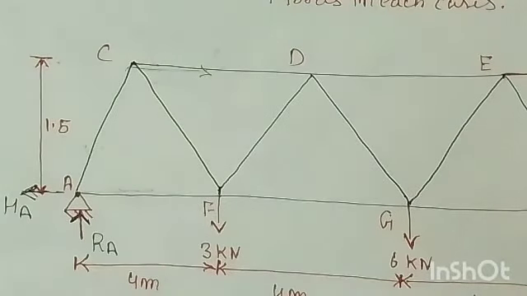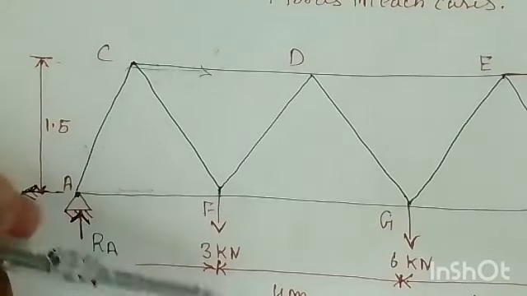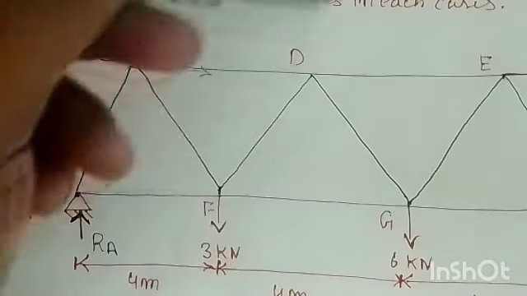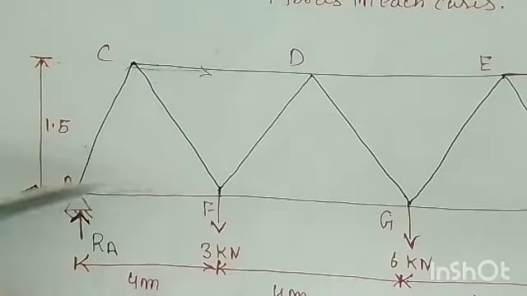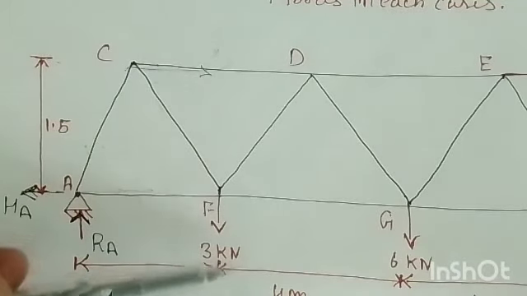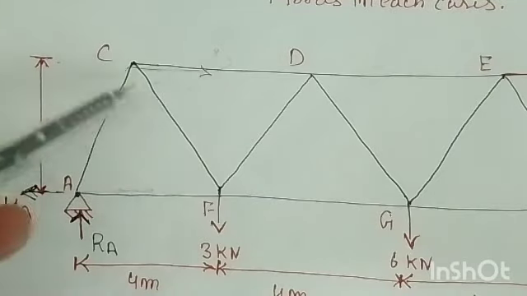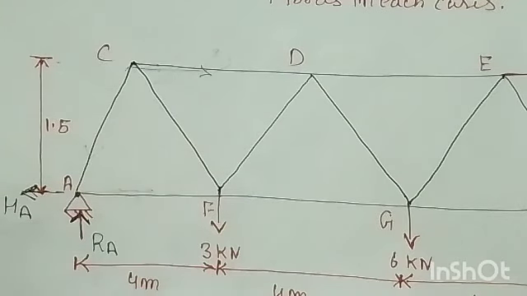But if you look at the structure of joint F, the vertical force is acting, 3 kilonewton downward, and there are the members CF, FD and so on. So FCF is tensile, so this will also be tensile, this will be compressive, these are tensile, and this is tensile, right? Now it's very simple, you can easily do this, right?